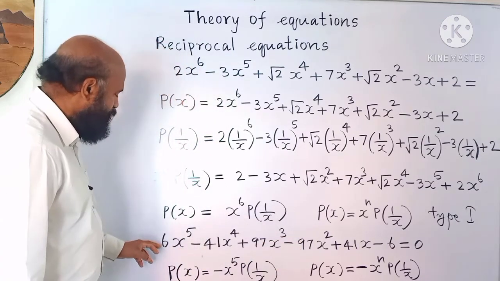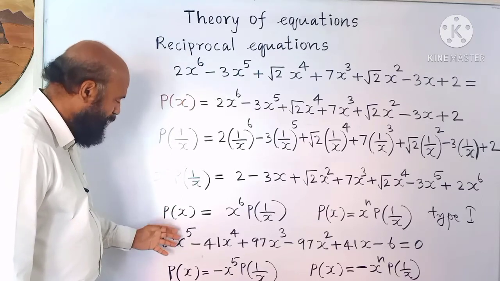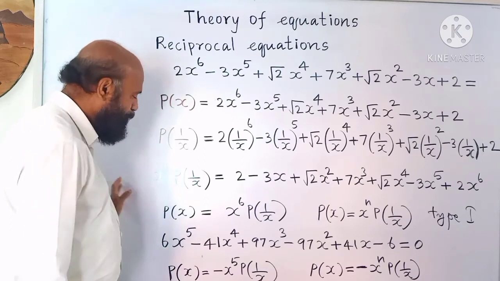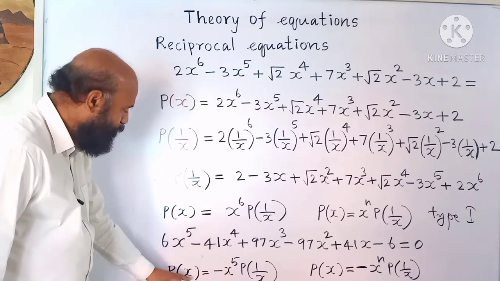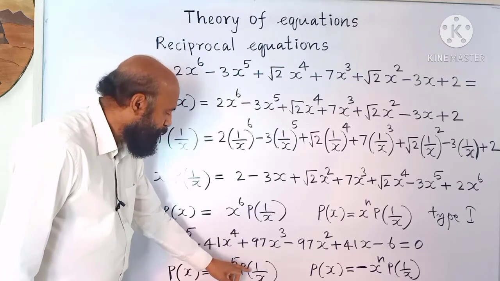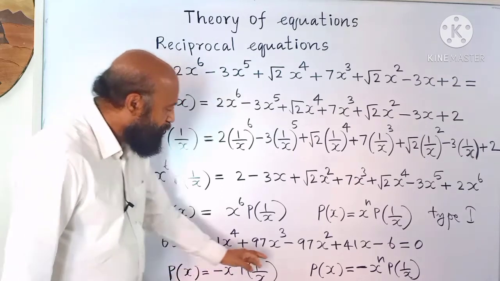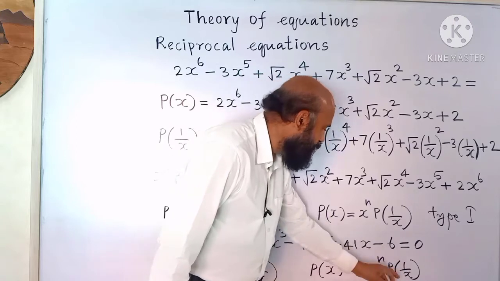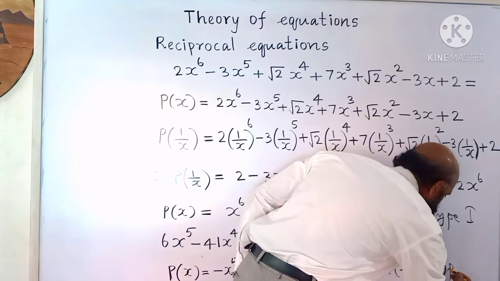So now if you replace x by 1 by x, and multiply that expression by x raised to 5, in the same way you will get p of x is equal to minus x raised to 5 p of 1 by x. So in this case the polynomial in x is minus x raised to n p of 1 by x. So this is what is known as type 2.